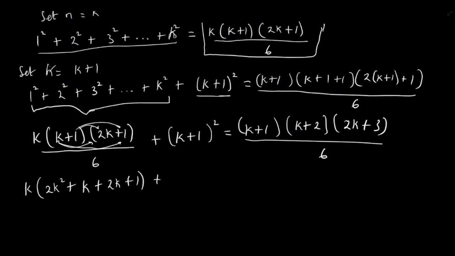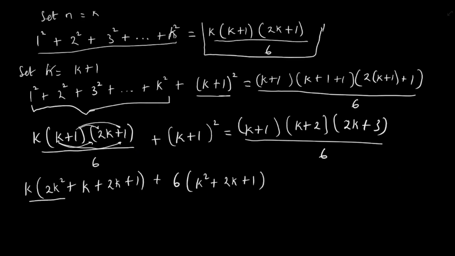Plus, if we take the LCM, this will multiply by 6, right? So we have 6 here. Then we have k plus 1 all squared. K plus 1 all squared is k squared plus 2k plus 1.